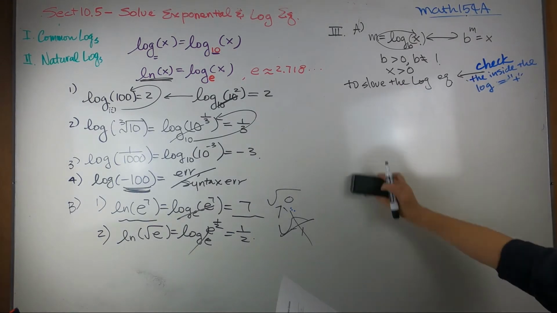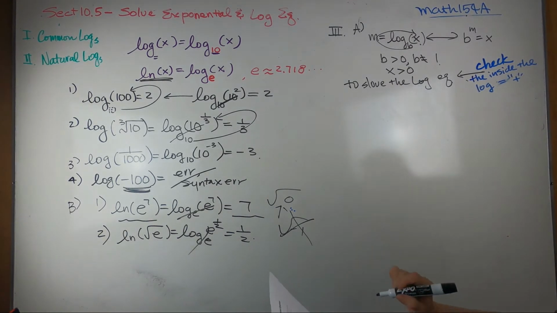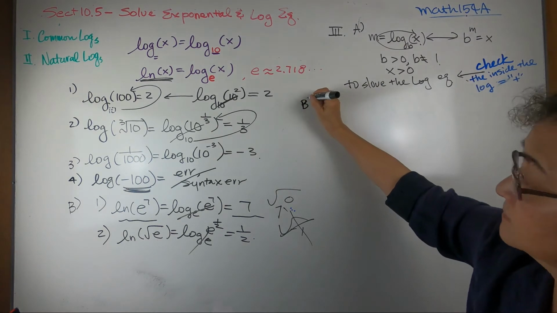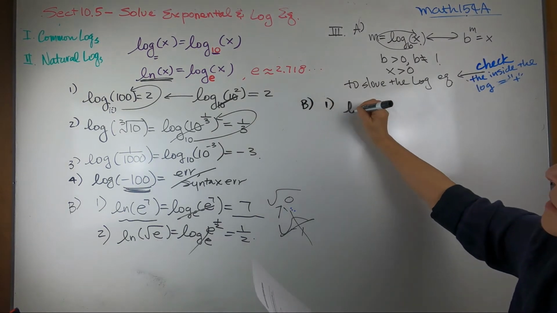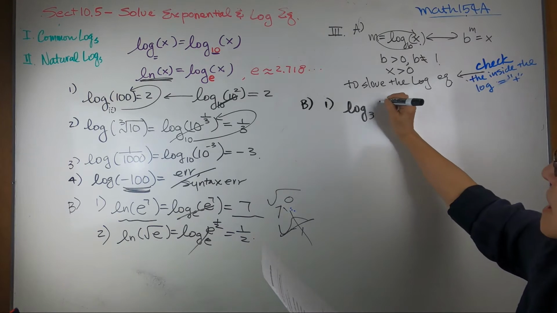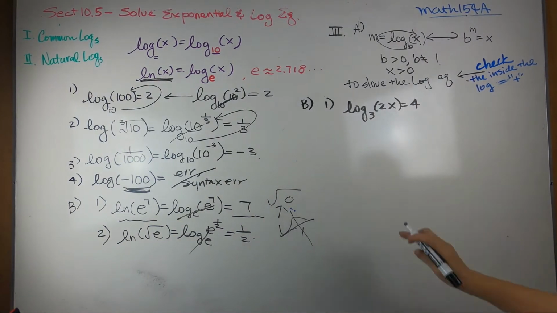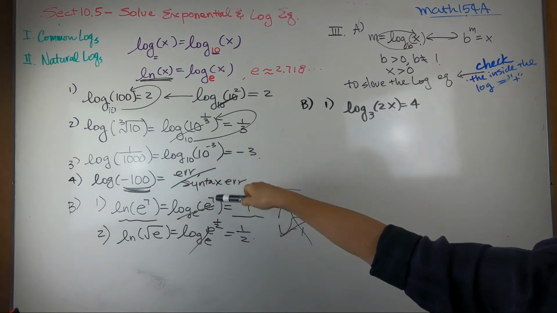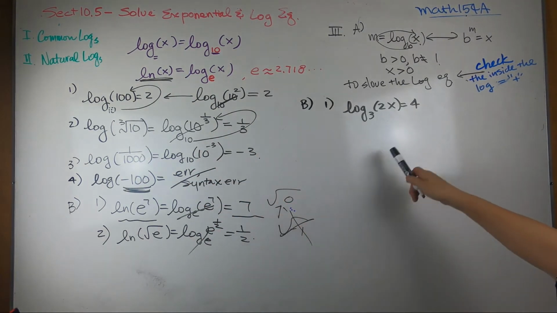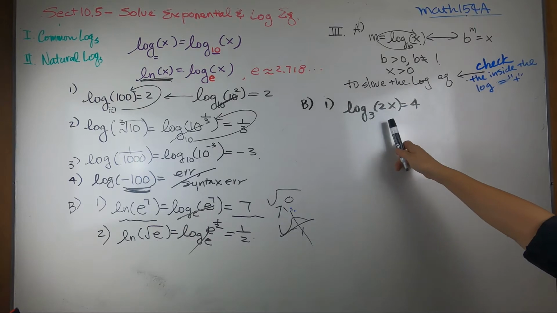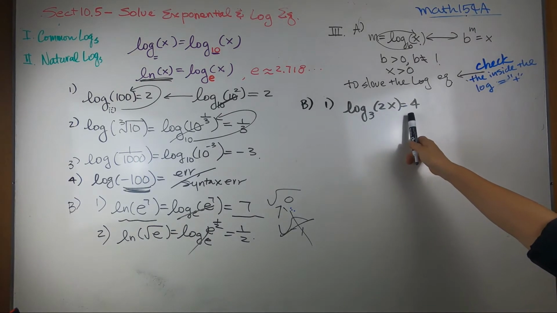So let's see some examples. First one, log base 3. We do the basic one, all right? Basic log. First, we find the log values, right? Now we are going to solve, is this an equation?